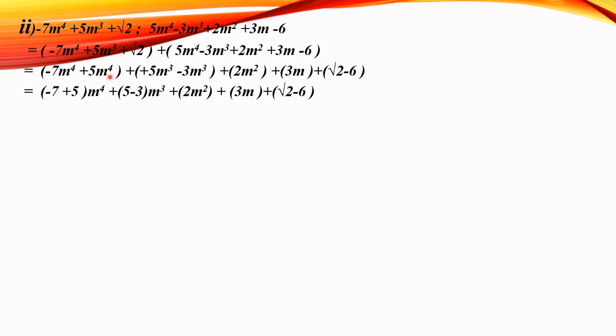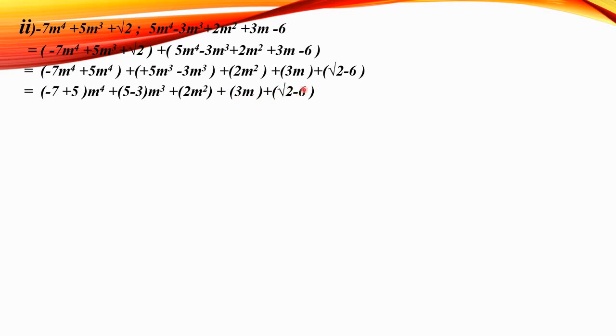Now, writing the coefficients inside the bracket and the variable outside, we get (minus 7 plus 5) m raised to power 4 plus (5 minus 3) m raised to power 3 plus 2m raised to power 2 plus 3m plus root 2 minus 6.